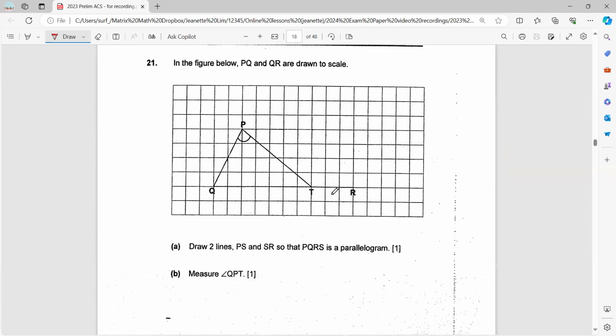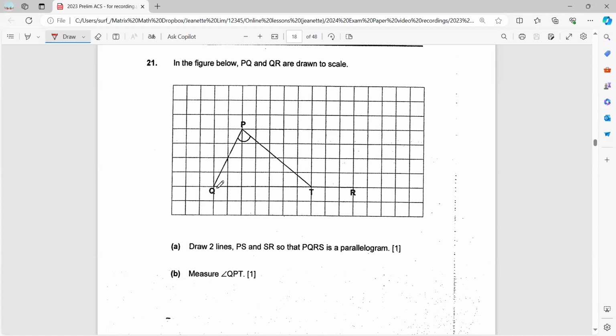Question 21. These are drawn to scale. You're supposed to draw two lines, PS and SR, so that PQRS is a parallelogram. Okay, if it's a parallelogram, then QR must be equal to PS, right?